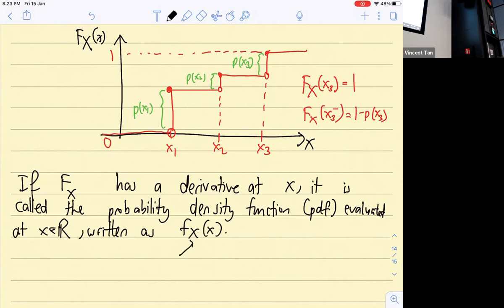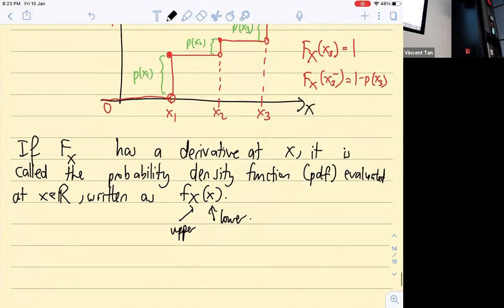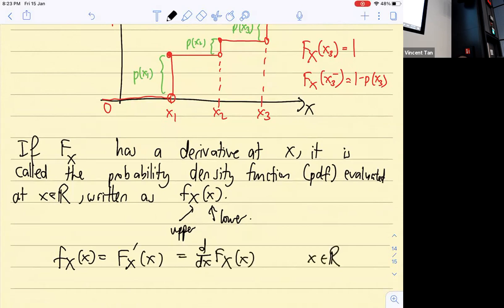Again, this is uppercase and this is lowercase. In other words, little fx of x is equal to Fx prime of x. Here x is in R.